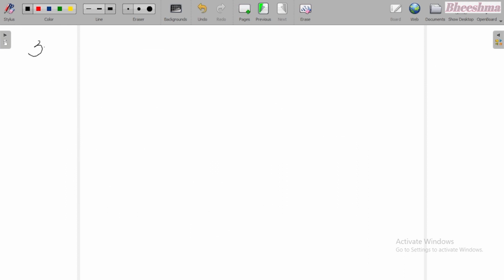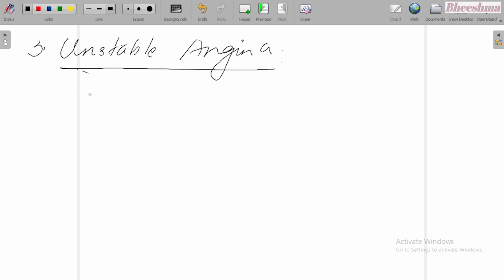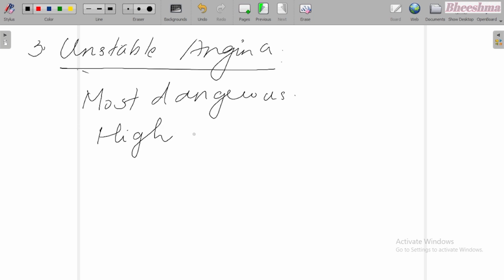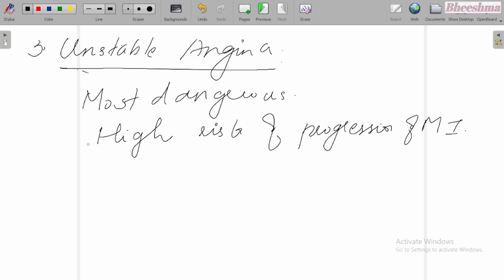The third one is unstable angina. Unstable angina is the most dangerous type of angina, with a high risk of progression to MI.